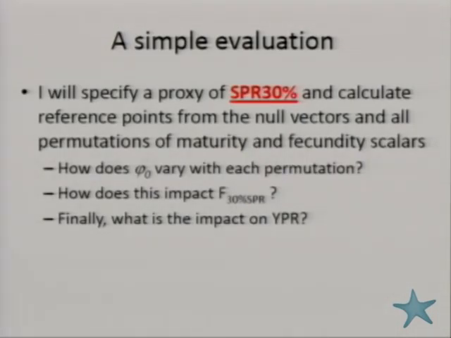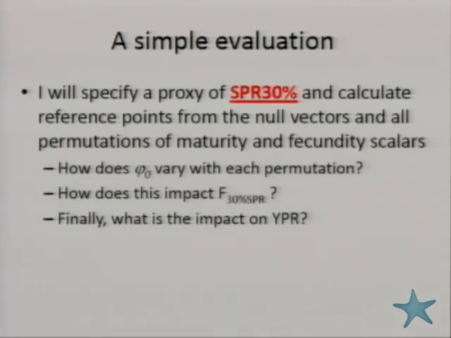So now just a simple evaluation. I'm taking route 2. I'm going to specify a proxy reference point looking at an SPR of 30%, and then calculate the reference point for each of the null vectors, as well as all permutations of the maturity and fecundity scalars.